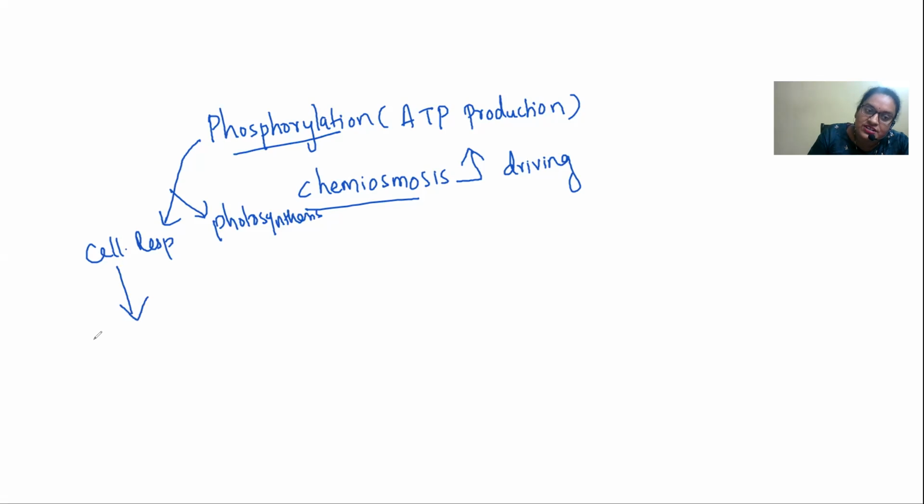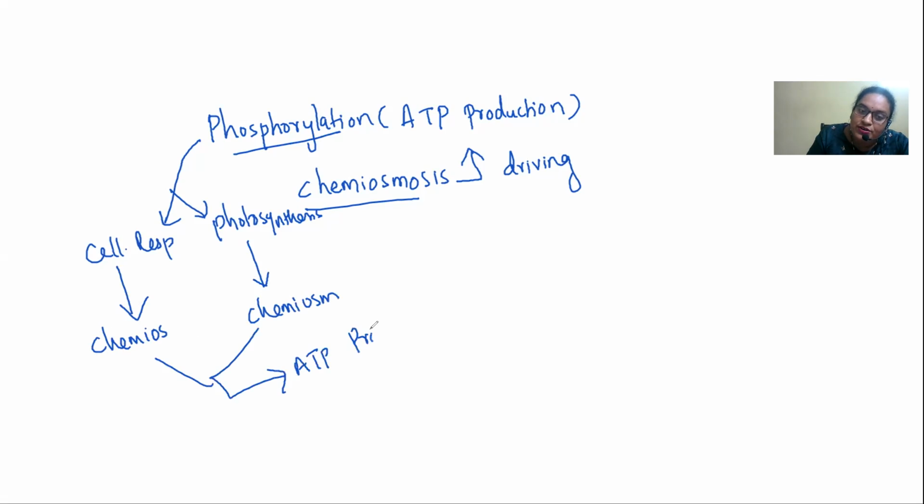Even cellular respiration shows chemiosmosis, and even photosynthesis shows the chemiosmosis process. For what purpose? In order to produce ATP, we are running chemiosmosis both in cellular respiration and in photosynthesis.